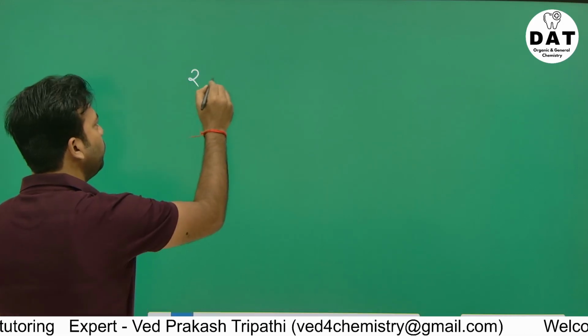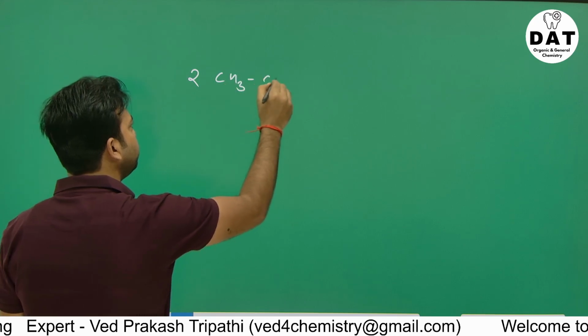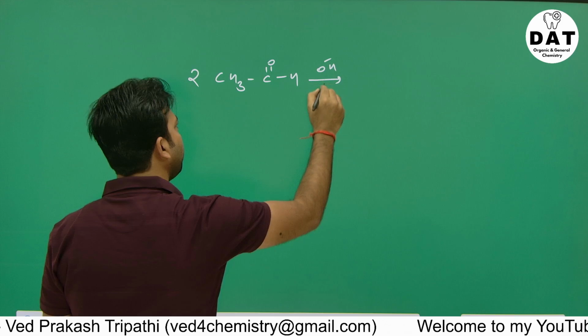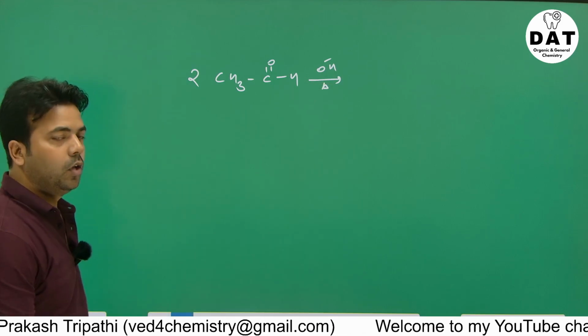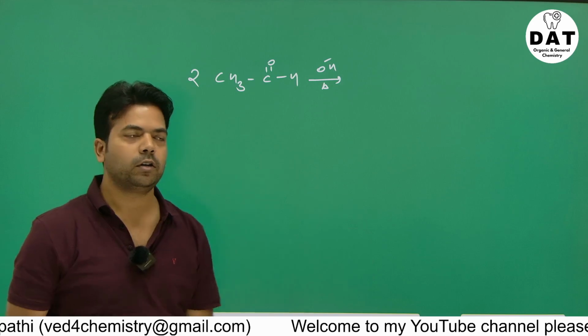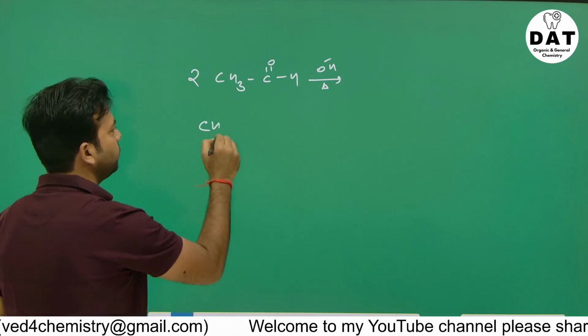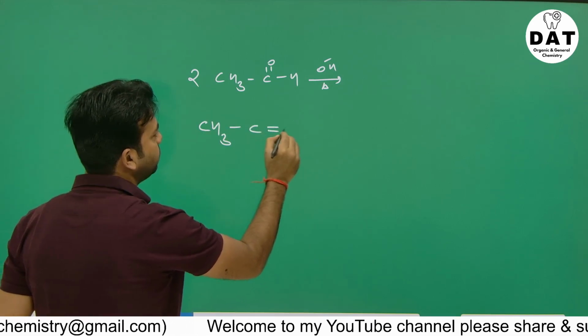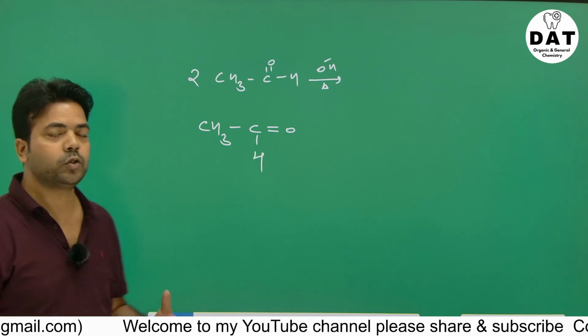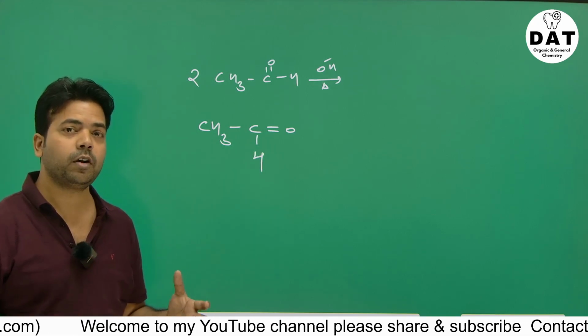Suppose we have 2 mole of this aldehyde. So look at here. 1 mole we will write in such a way where we can show our oxygen bond like this, and the second mole we should write in such a way that we can show our alpha hydrogen.